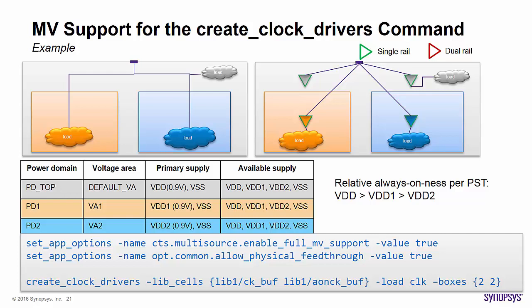The VA selected loads to be driven and driver supply determine the supply net and lib cell type required for a clock driver. Here, we use single rail cells as they meet the MV drivability requirement for each case.